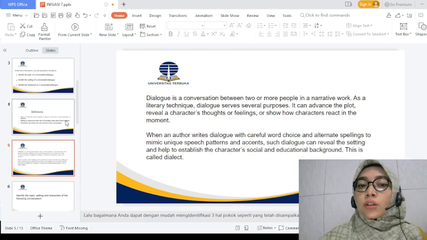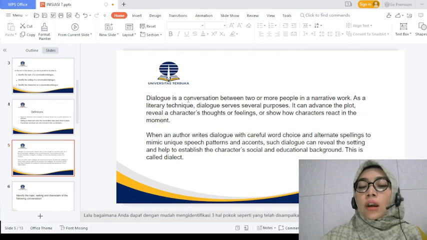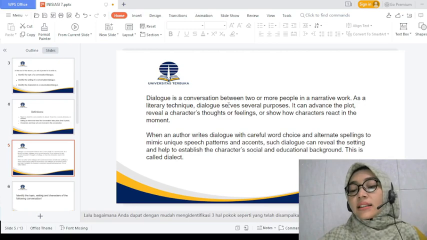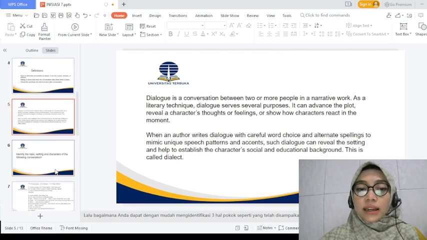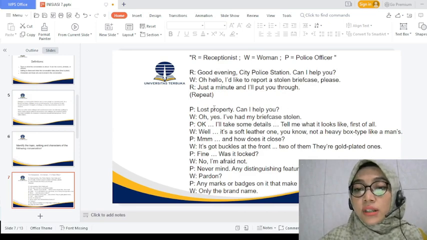Usually you will see or decide this in a literature work, such as in a poem, or in a lyric, or maybe in a script for a drama, and so on. So this is the example of the dialogue of conversations.